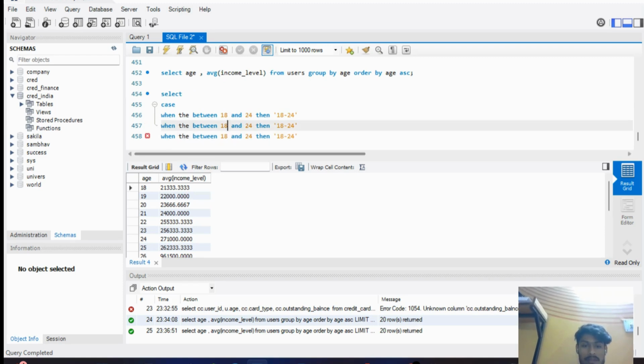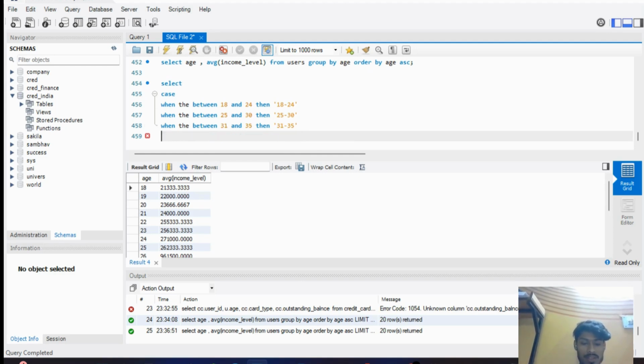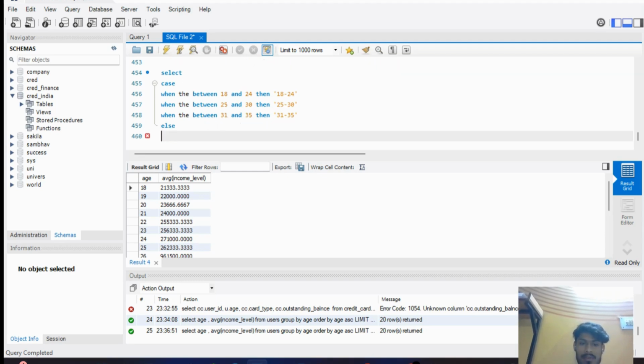Now change the values: here we write 25 to 30, and 31 to 35. Otherwise, else 36 and above.